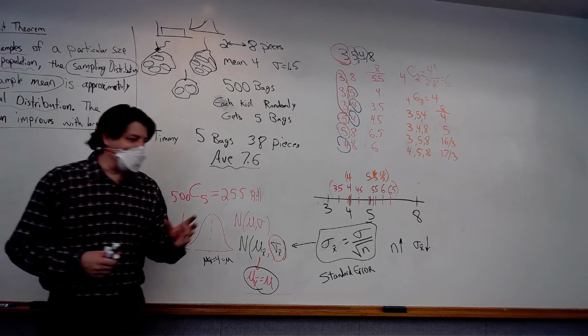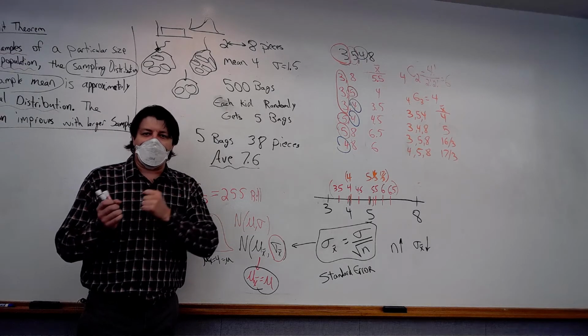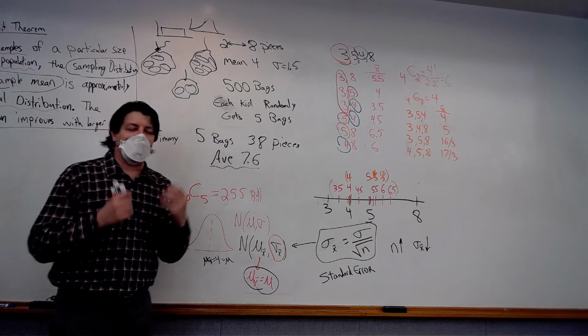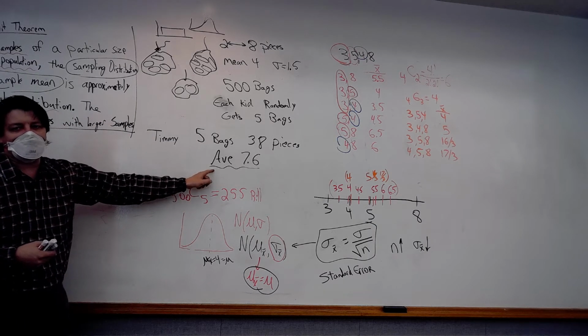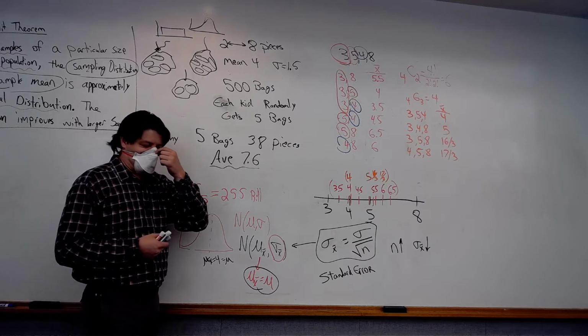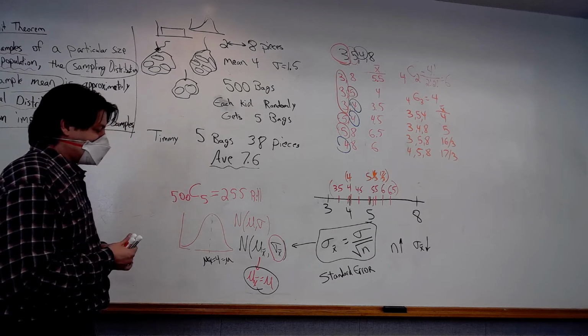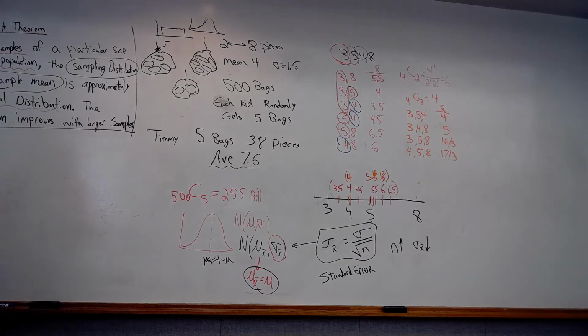So we can use our same methods. We can use the z-score, z-table, all of that to figure out, okay, Timmy, how likely is it that you actually found this by chance? Okay, so let's do that. Let's examine Timmy's argument.